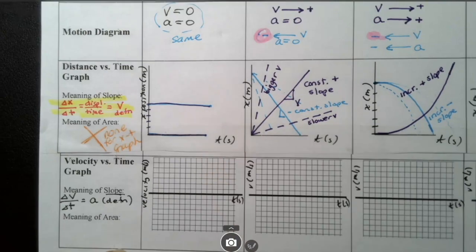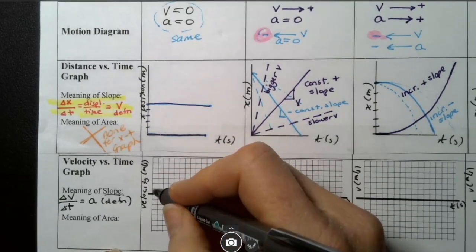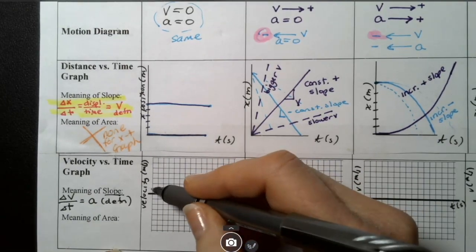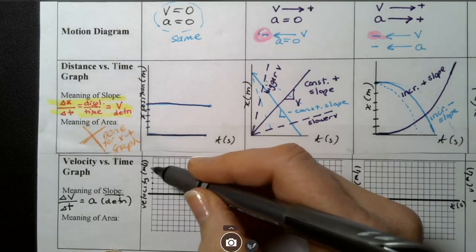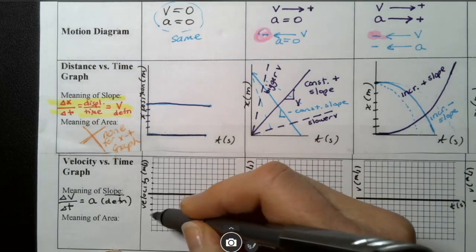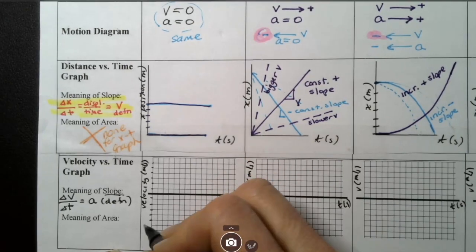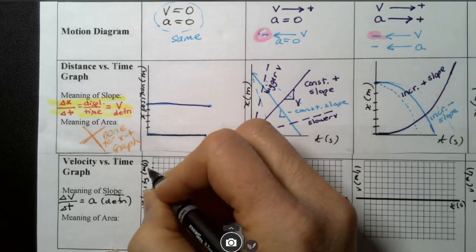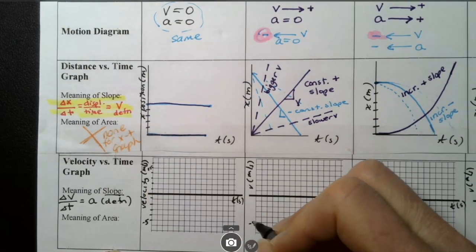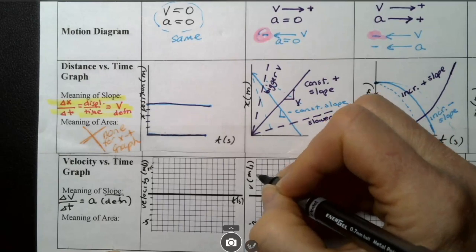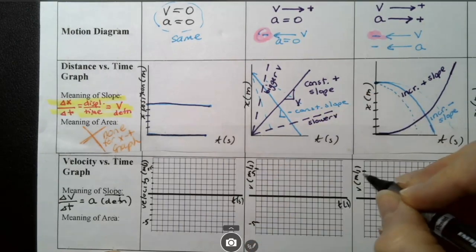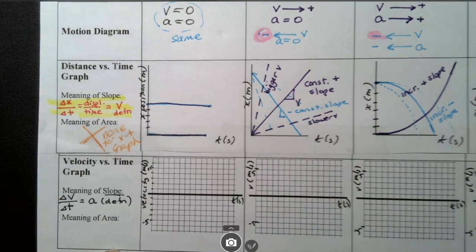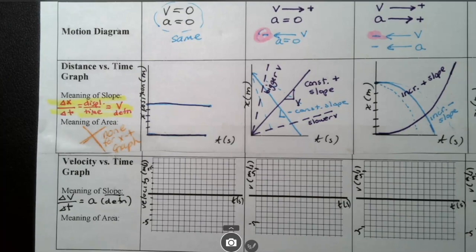The other thing that I want to make sure I mention is that even when you don't have numbers, most people find it very useful to create some sort of scale on the velocity axis in order to better understand what's going on. So if you say that this is -5 and this is 1, 2, 3, 4, 5, +5, and do that for each of these, so that you have some values to use, it's a little bit easier to then talk about constant speed, increasing speed, decreasing speed.